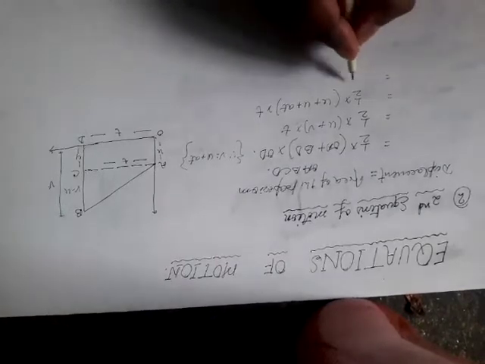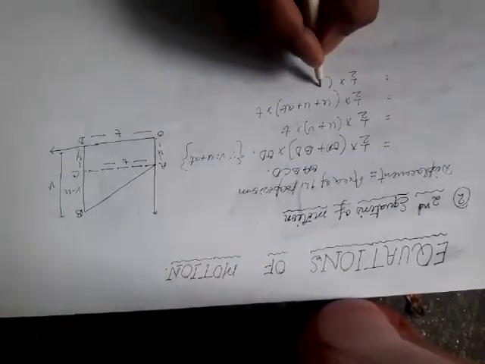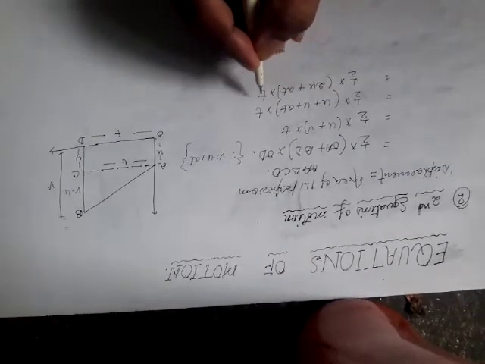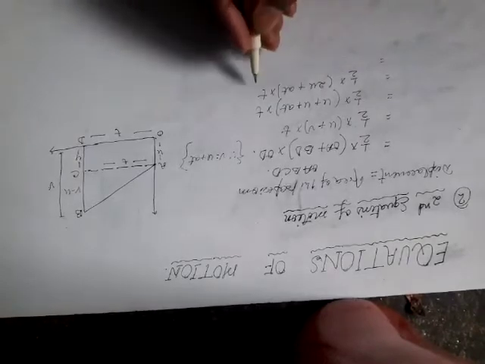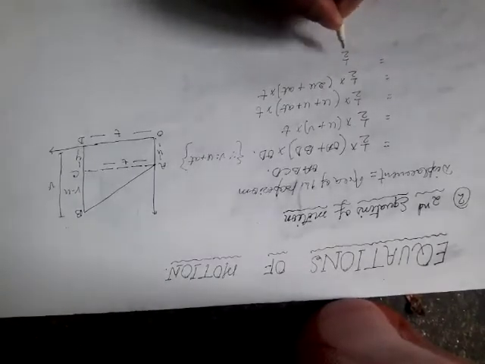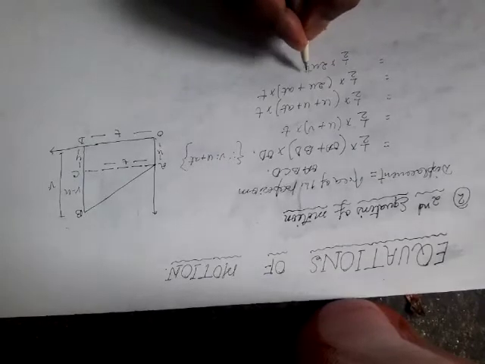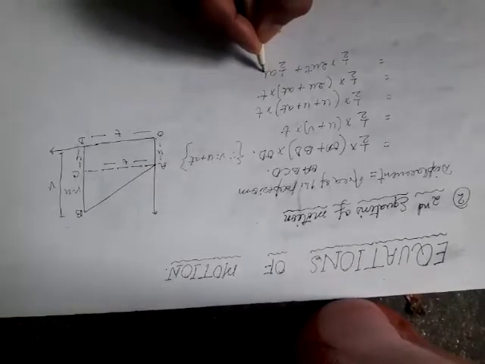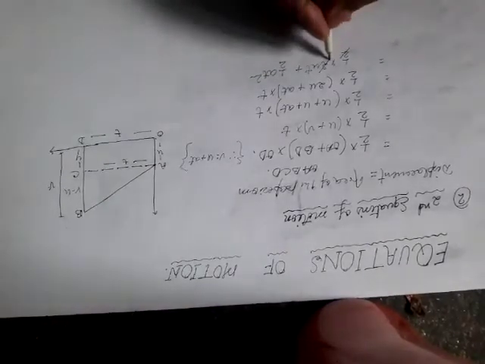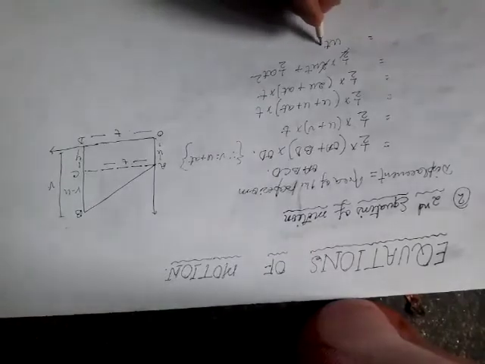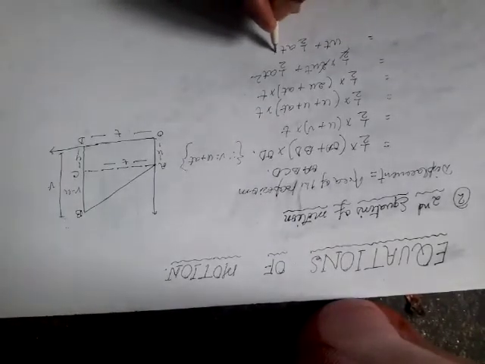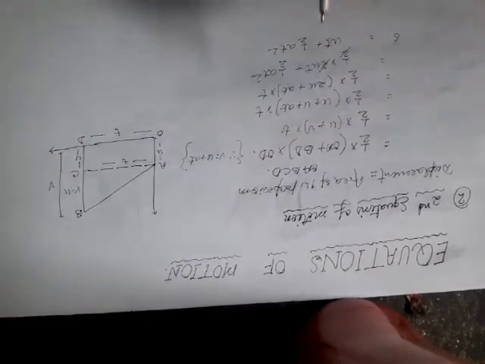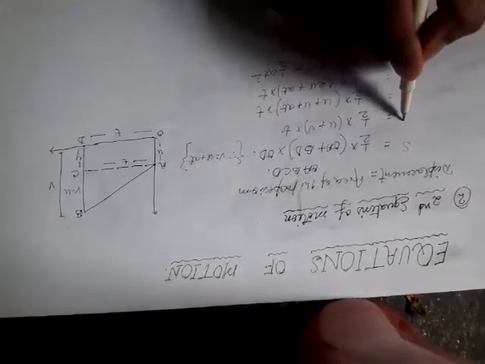Now 1 by 2 into this will be 2u plus at, into t. If we multiply throughout, 1 by 2 into 2ut plus 1 by 2 at square. The 2 cancels out, so we get ut plus half at square, and displacement is represented as s.